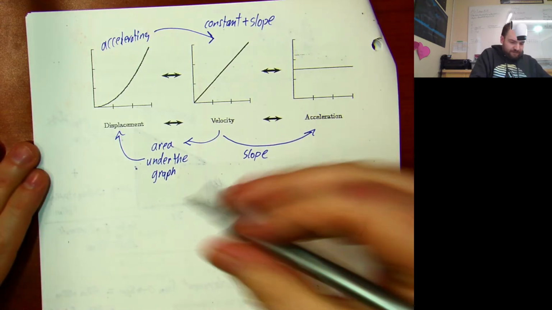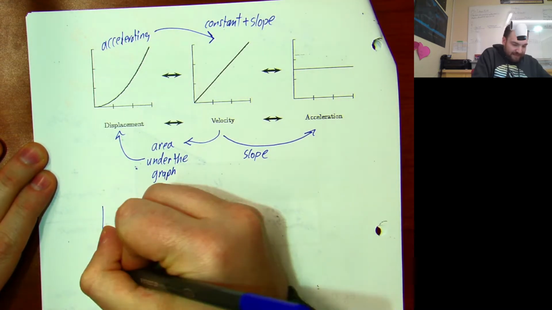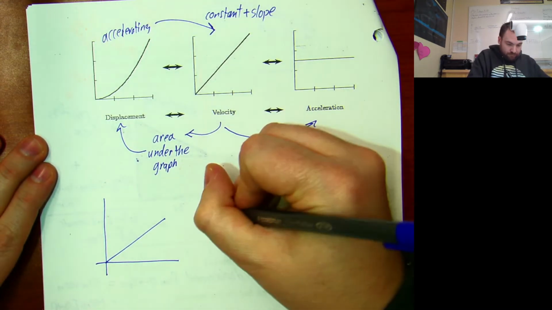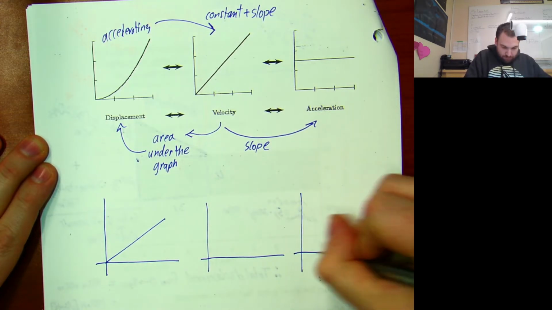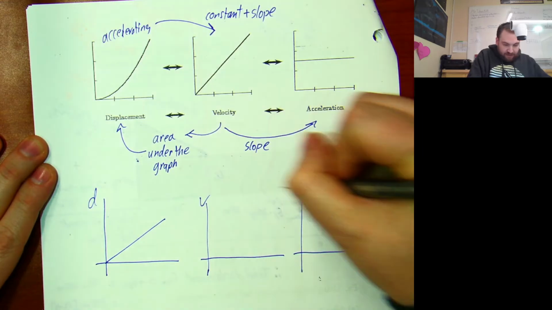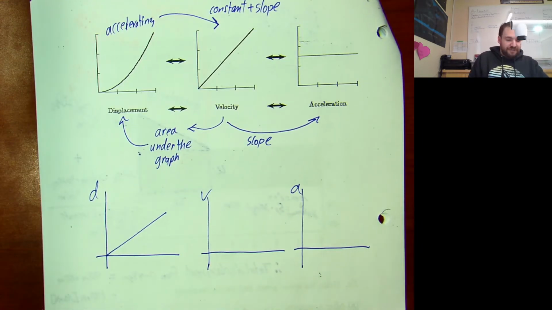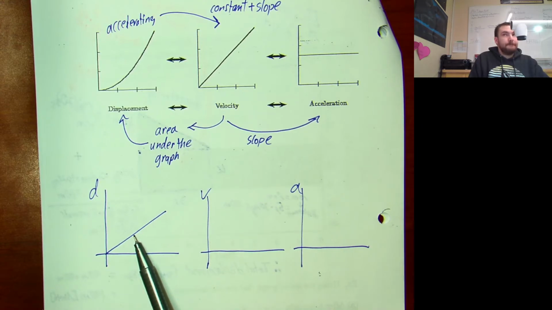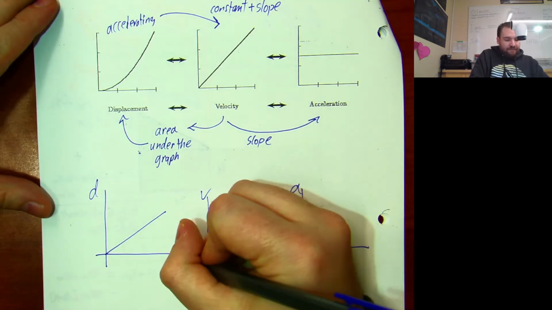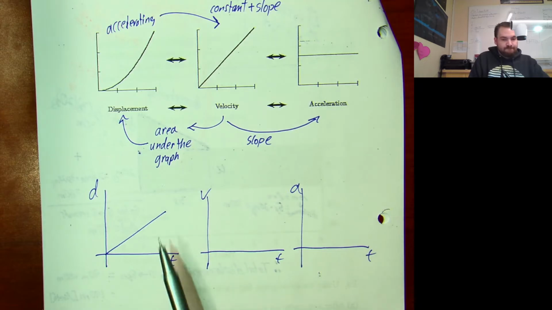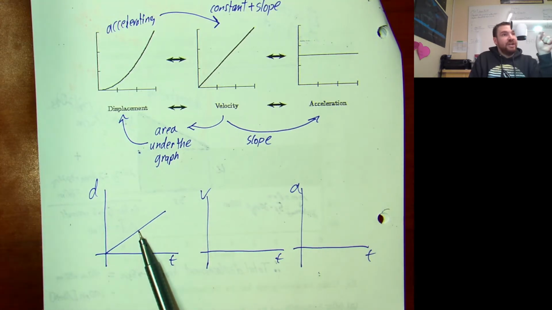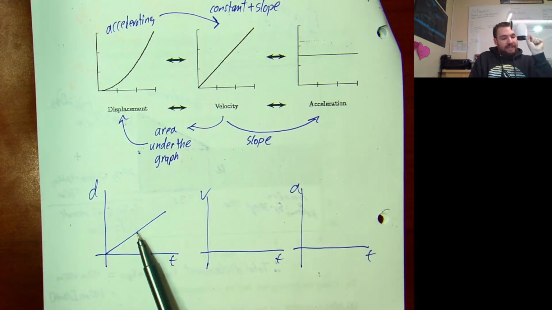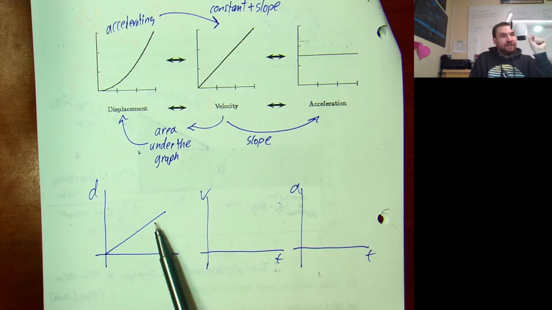What if I had something that looks like this? Let's do another one. This is D, that's V, that's A. The bottoms are all T. What's this? On a DT graph, what does that line mean? A straight line means I have a constantly changing position.